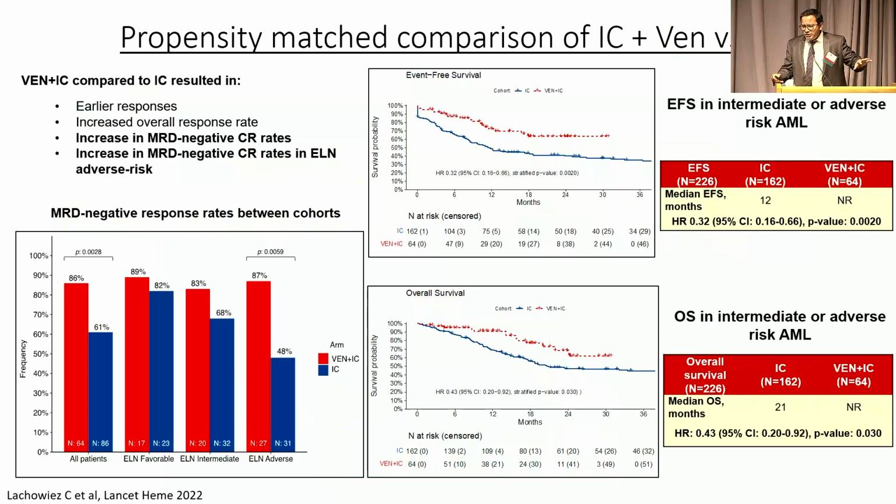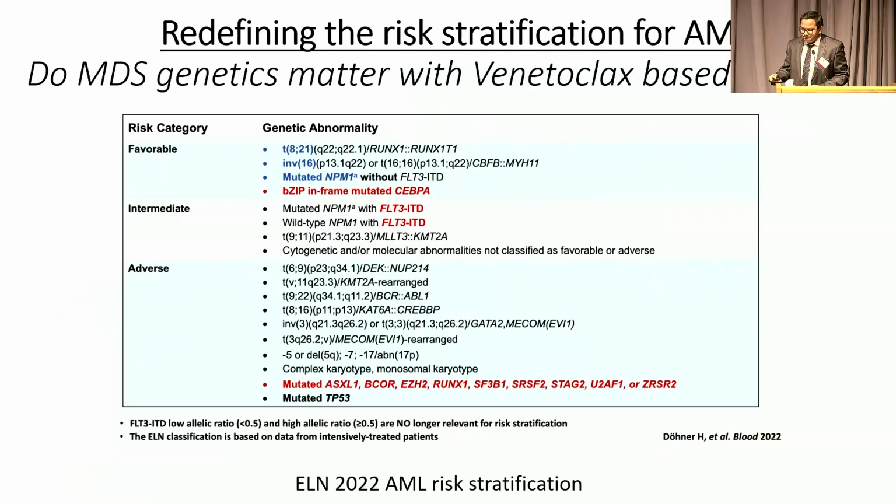Cutting short the chase to the trials, in this propensity-matched comparison, we do see that in patients with intermediate-risk and adverse-risk AML, when they are treated with intensive chemotherapy plus venetoclax, the responses, the duration of responses, and overall survival are better, again highlighting the important role of venetoclax in myeloid leukemia therapy.